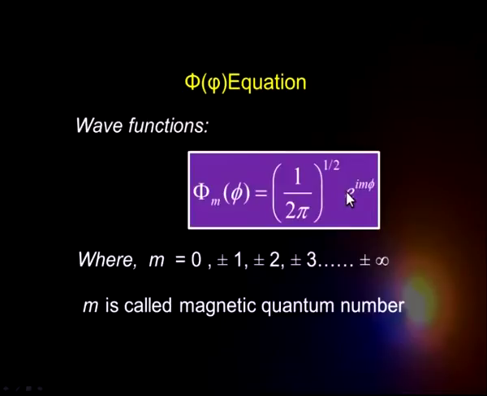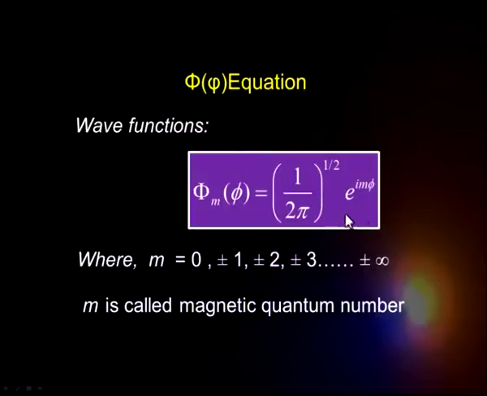We're not bothered about the expression here. What we are interested in is the meaning of this. I am getting a series of solutions, which means there are infinitely many solutions for which this equation is valid.